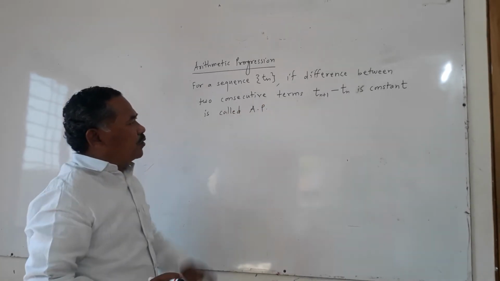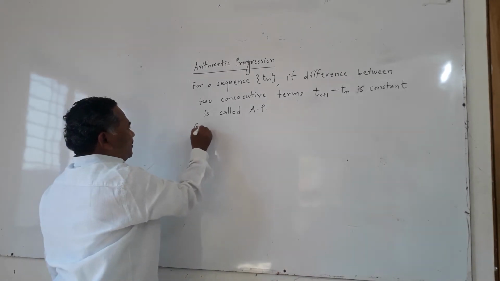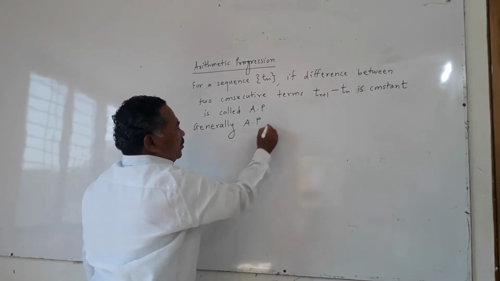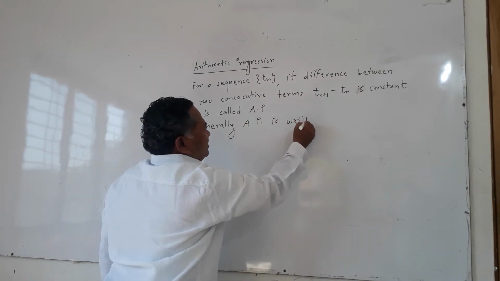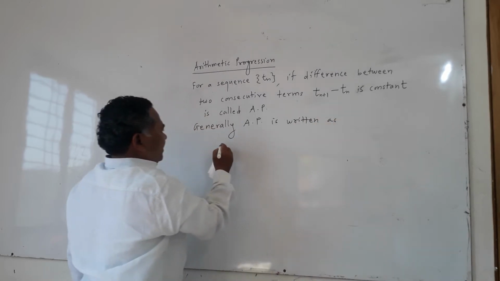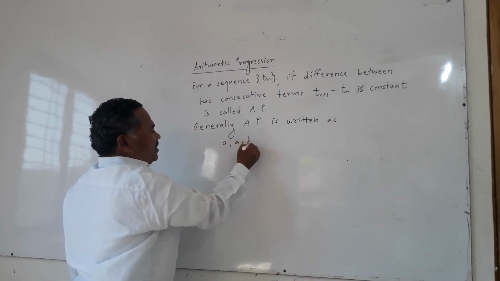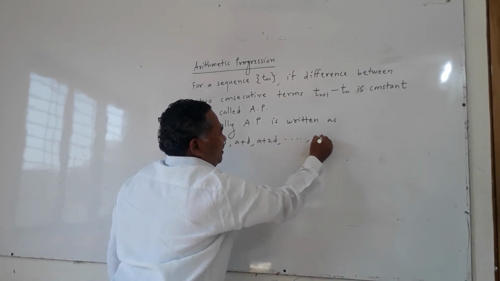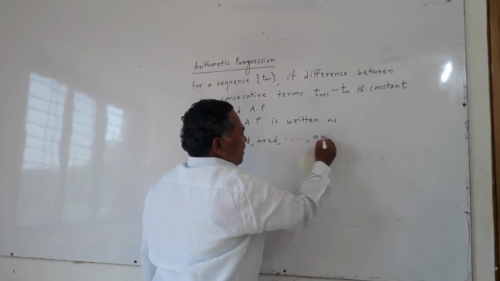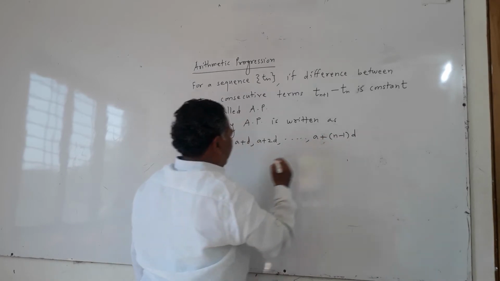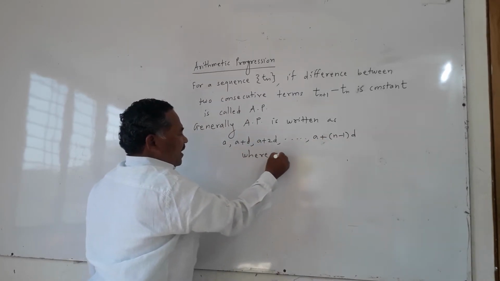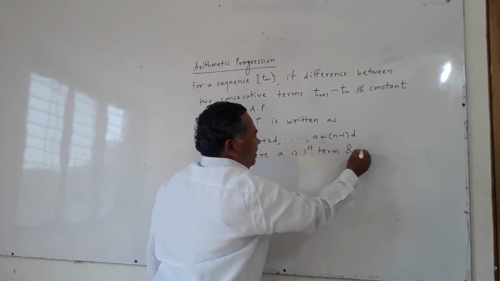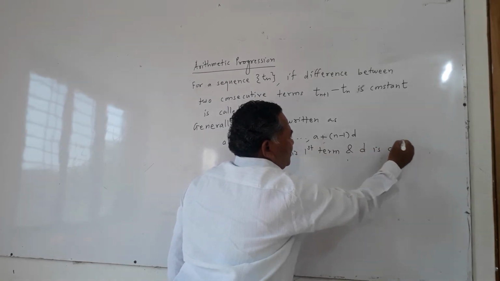AP means arithmetic progression. Remember, generally AP is written as a, a plus d, a plus 2d, ..., a plus (n minus 1) into d, where a is the first term and d is the common difference.